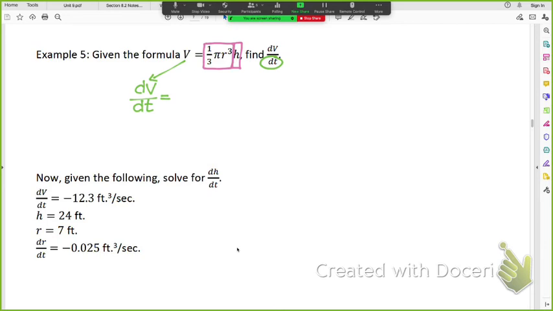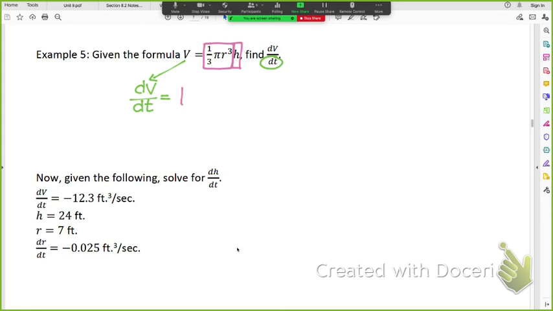Product. Okay, so let's go through product rule. How does product rule start? Derivative of the first, remembering that 1/3 and pi are just numbers. How do I take the derivative of 1/3 pi r cubed? Bring the 3 to the front. When I multiply that by 1/3, what does that give me? 1.